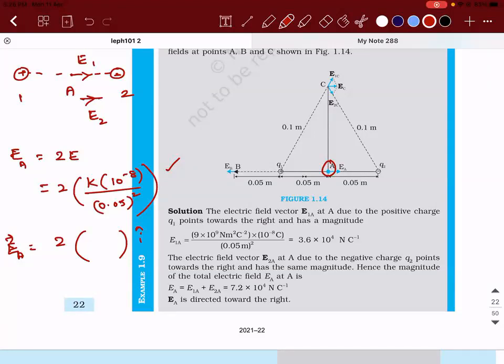Yes, sir. Okay. Calculate the point B, guys.